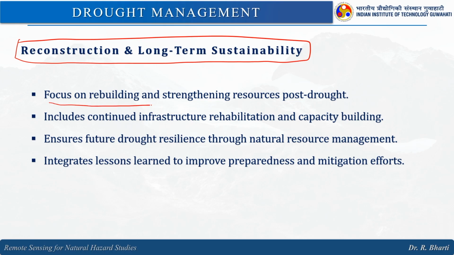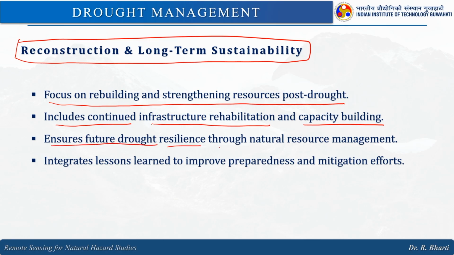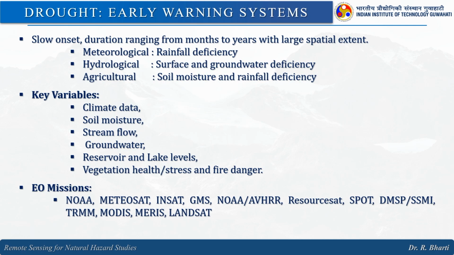It focuses on rebuilding and strengthening resources post drought, includes continued infrastructure rehabilitation and capacity building, ensures future drought resilience through natural resource management, and integrates lessons learned to improve preparedness and mitigation efforts, because some areas are regularly experiencing this drought condition. So we have some examples and some learning from past events, and that can be used to plan our future.